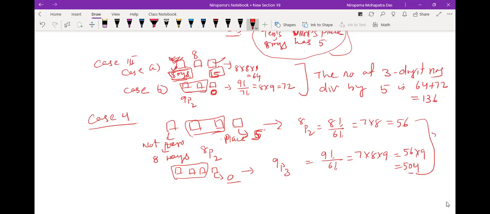Are you getting 560? Let me check. We have one more case. Here you see, this place we are keeping 5. So we are not keeping 0 here, right? If we are not keeping 0, you have 8 ways. Now it is 8p2, understood? 8 into 8p2.